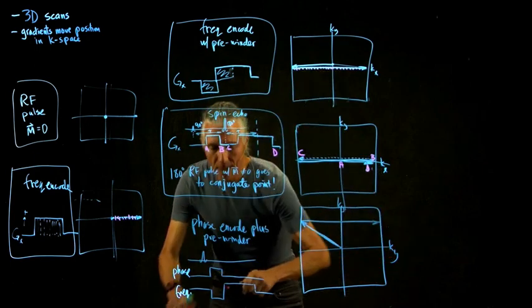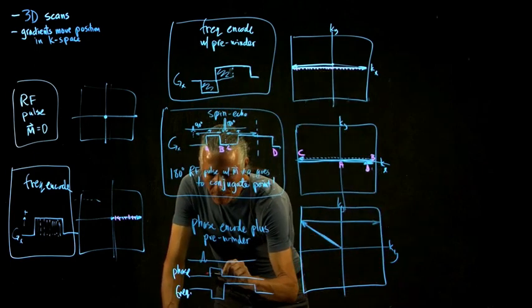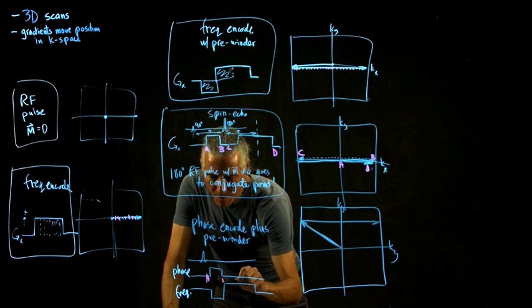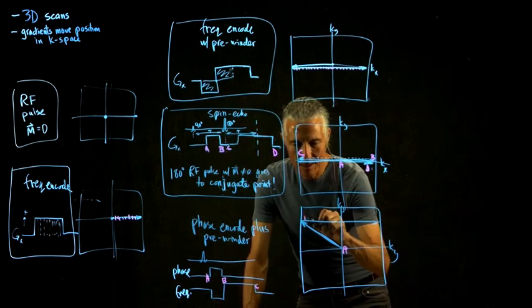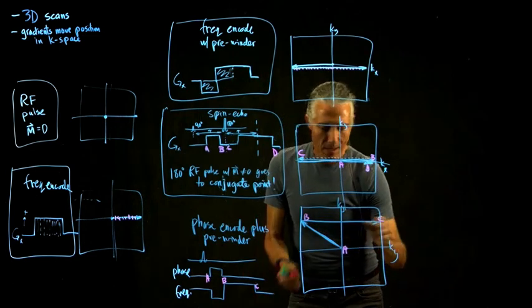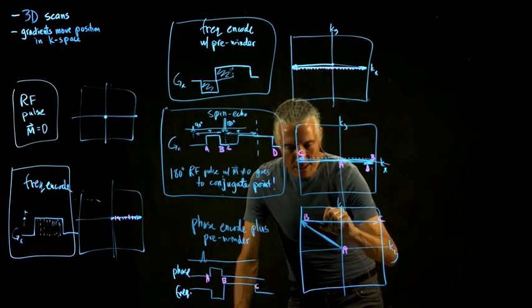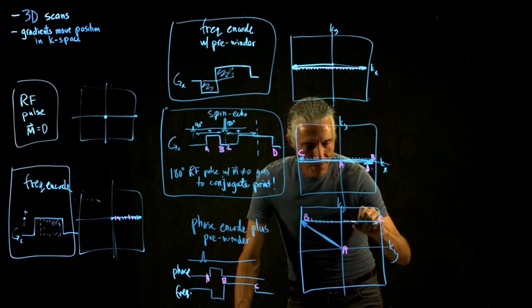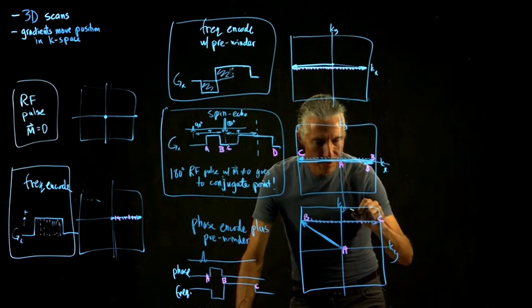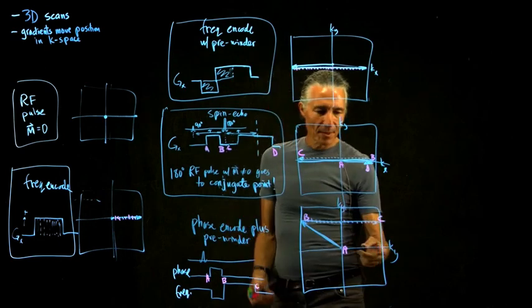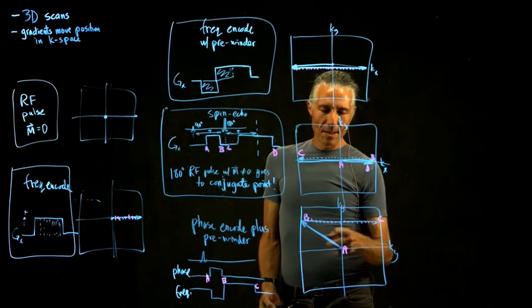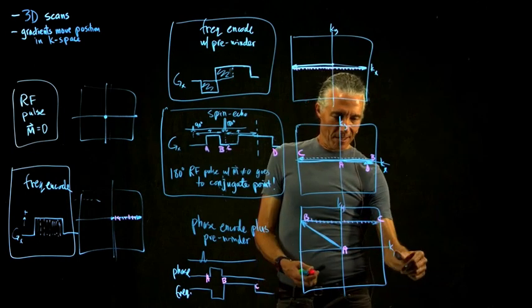So this is point A here, point B here, point C. So it's A, B, C. And in this case, we would be collecting a line of K-space that would all have the same KY spatial frequency, but it would have varying amounts of KX spatial frequency.